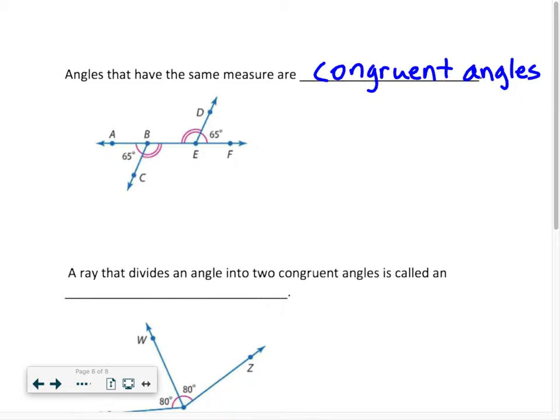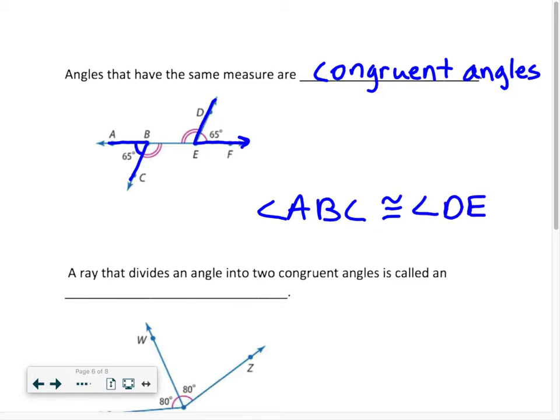So, if we look here, we can see that angle ABC, which is this angle here, again from A to B to C, is 65 degrees. There is another angle that's 65 degrees, angle DEF. So those angles have the same measure, they're both 65 degrees, so they are congruent.